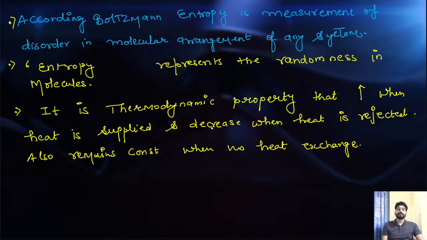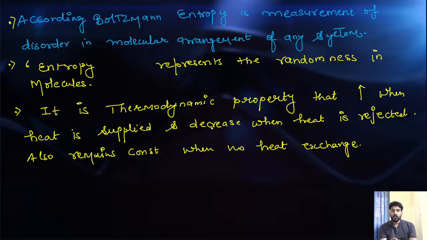Okay, great. Now we will try to build a mathematical relation. We understand that entropy is the measurement of the randomness of the molecules, and that if we supply heat, the randomness of the molecules will increase, so entropy will increase.